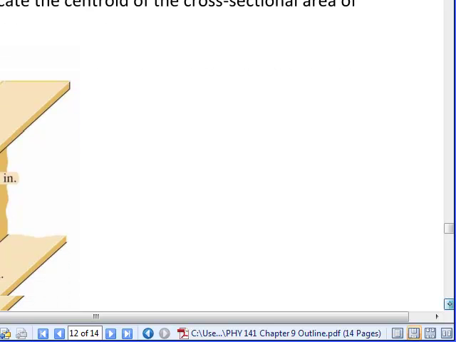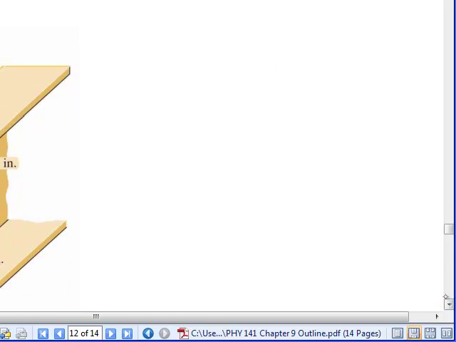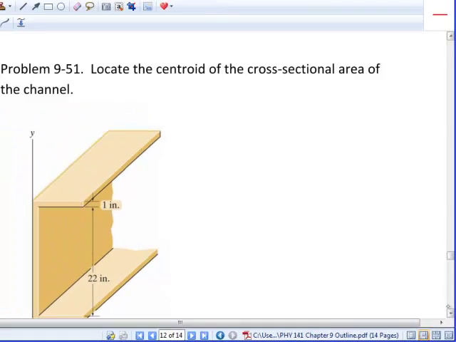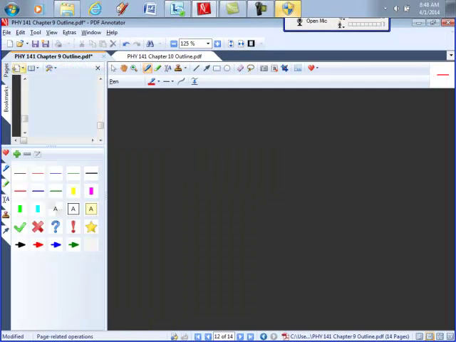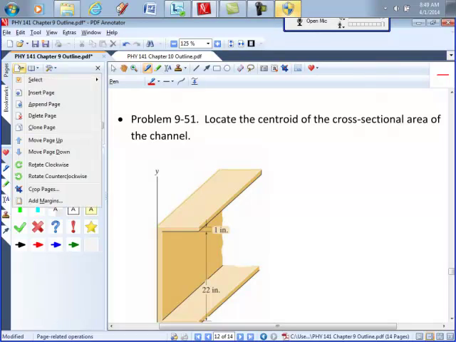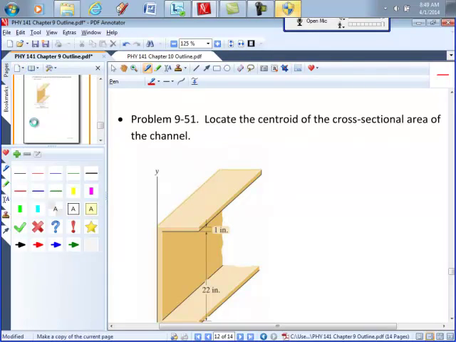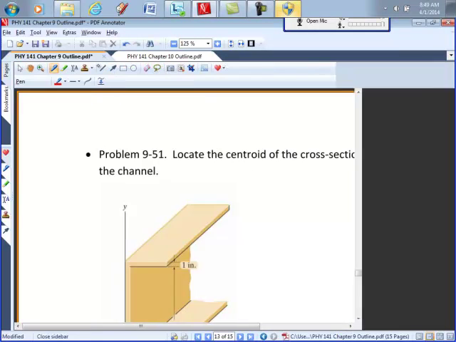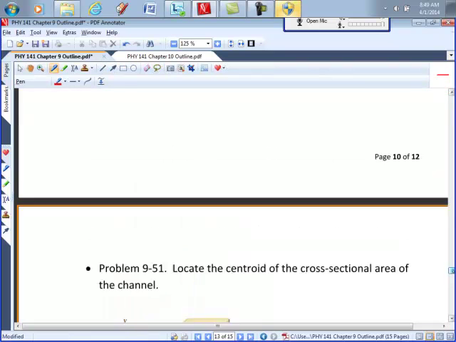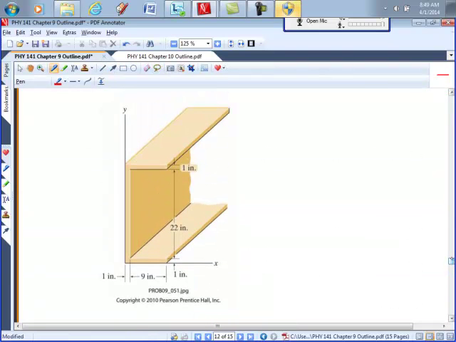So here's our first sample problem. We want to locate the centroid of the cross-sectional area of the channel. Just before we go, I want to do something here. I'm going to clone this page. So this might be a piece of steel, structural steel or something, and we want to find its centroid.